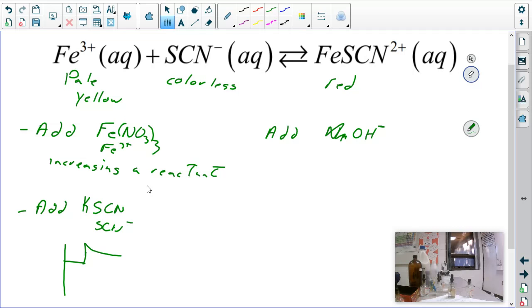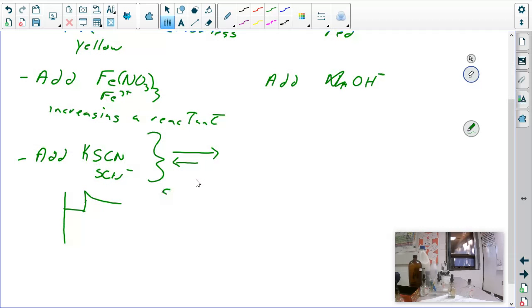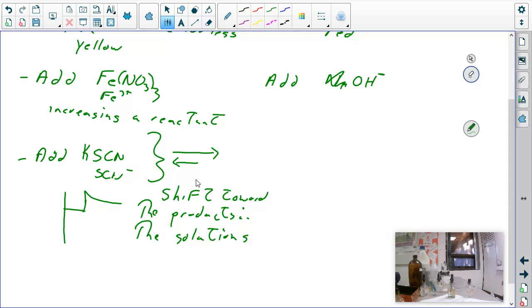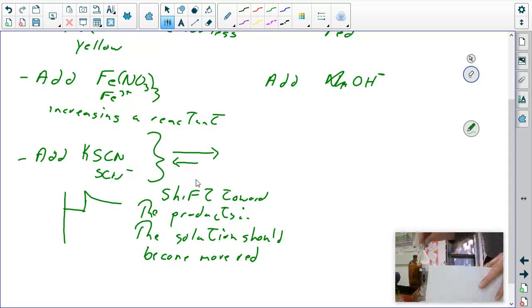So for both of these, we will have a forward reaction speed up, a reverse reaction stay the same, so we should have this system becoming more red in both cases.